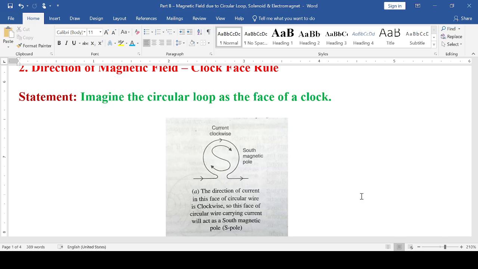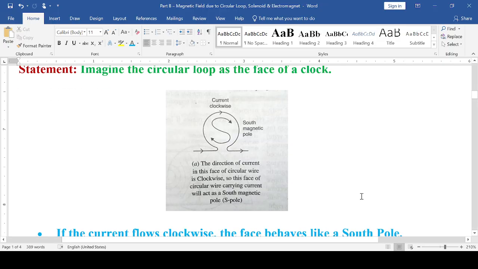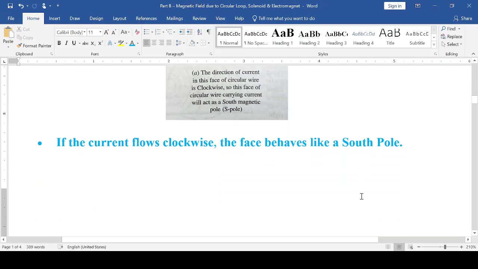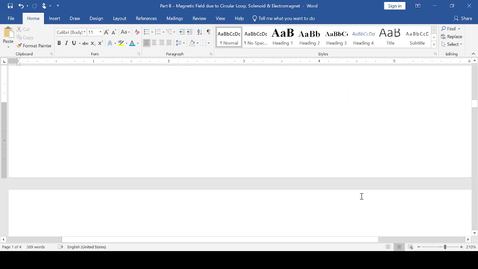So the direction of the current in this face of the circular wire is clockwise, and that face of the circular wire carrying current will act as a south magnetic pole. If the current flows clockwise, the face behaves like a south pole, what we have discussed.